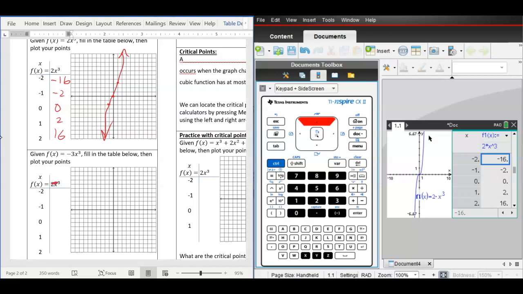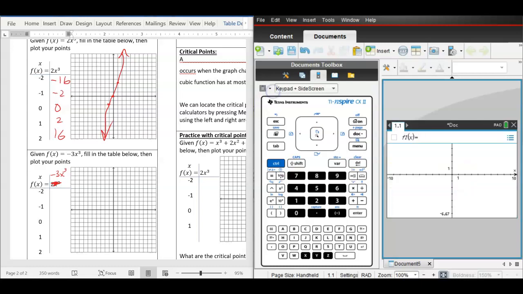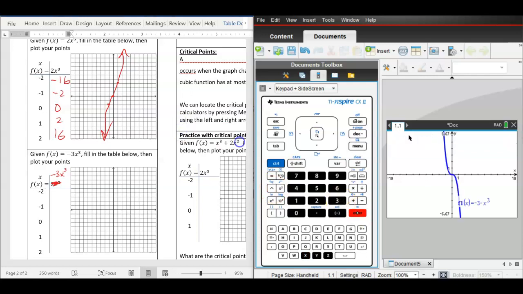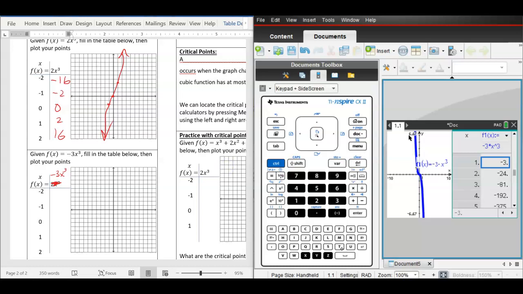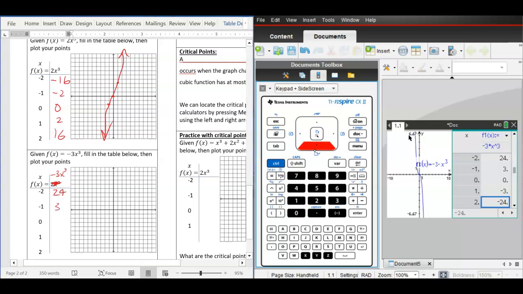And then same thing here with -3 x cubed. All right, so we can do a new graph of that one. -3 x caret 3. And then Control T again, and we can plot these points. -2, 24, -1, 3, 0, 0, 1, -3, and 2, -24.